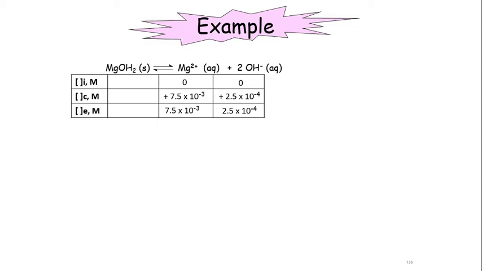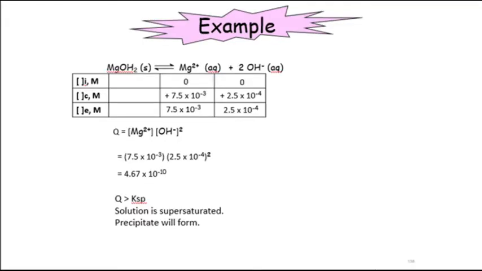Then, we write the expression of Q, which is the concentration of Mg2+ times the concentration of OH- to the power of 2. Substitute the value and we will get the value of Q is 4.67 times 10 to the power of negative 10.